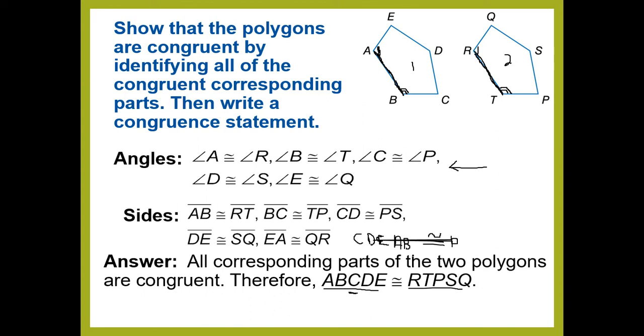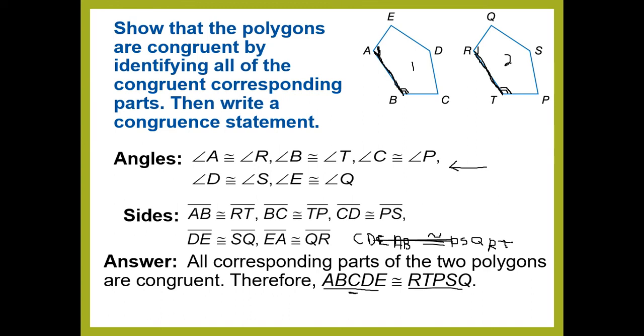So on this side, I would go P, and then D pairs with S, E pairs with Q, A pairs with R, and B pairs with T.